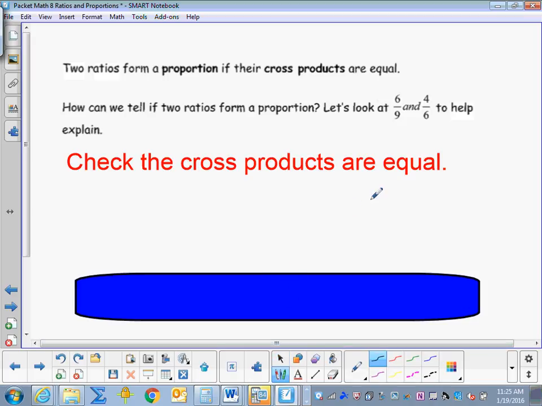So let's go ahead and check 6/9 and 4/6. 6/9, is that equal to 4/6? So when we cross multiply, we take 6 times 6 and we get 36. And 9 times 4 is 36. So this is a proportion because their cross products are equal.